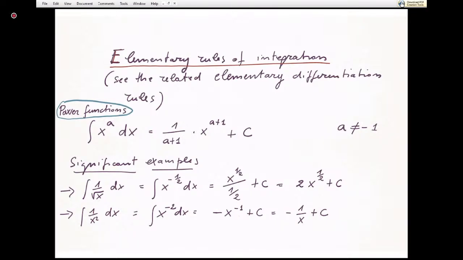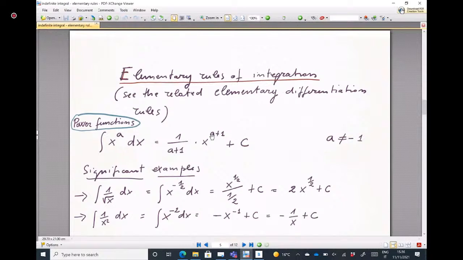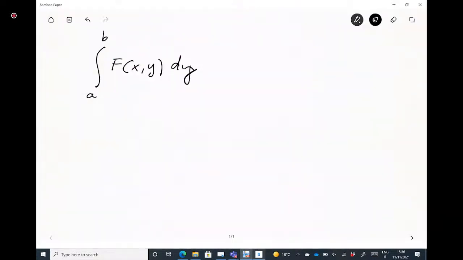So basically, here are a few examples, but suppose that we don't know the rule. If we don't know the rule, we can do something like this.